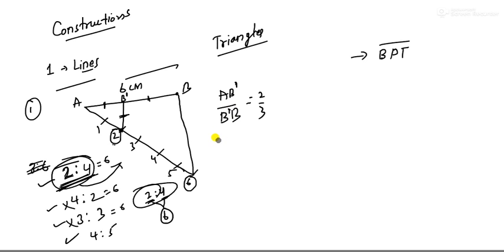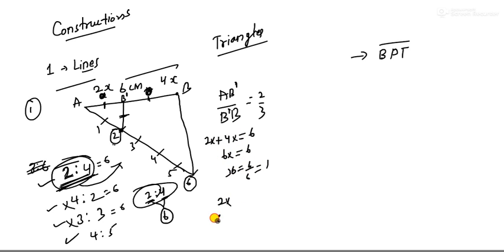You can take this as x and this as y. Okay, sorry, this is also x only. Both of them are x, but since this is 2 and this was 4, you can take 2x and 4x, add them, which is equal to 6. So 6x is equal to 6, x is equal to 6 by 6, which is 1.